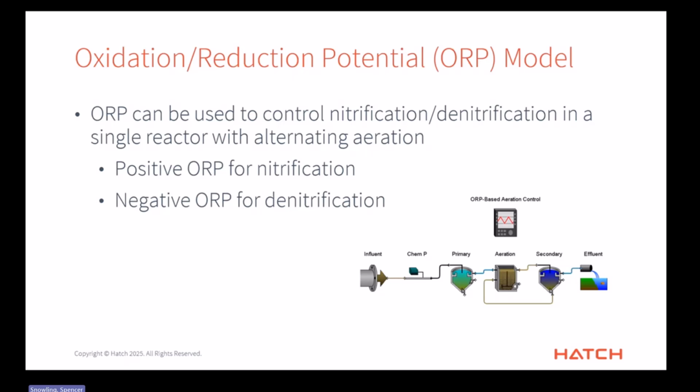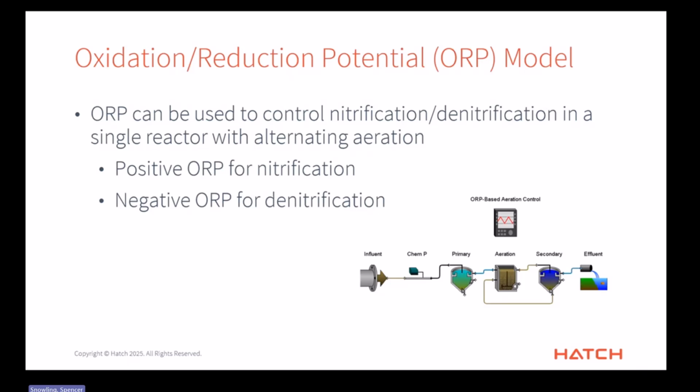And that could be done many different ways under many different philosophies of operation. We've got actually several examples of this in some of our previous webinars about doing various forms of nitrification and denitrification, but this is another variation on that now that we have ORP. So the idea would be we will use the ORP signal to tell the controller of the aeration system when to turn the air on and off.